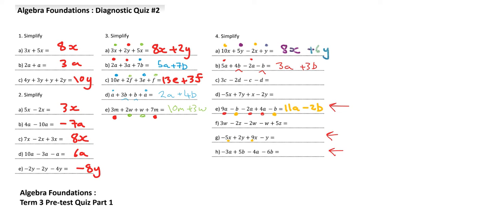The x's are like, so we've got 4x. 2y minus y is just y. And we've got negative 3a, negative 4a is negative 7a. And we've got 5b minus b, which is just negative b.